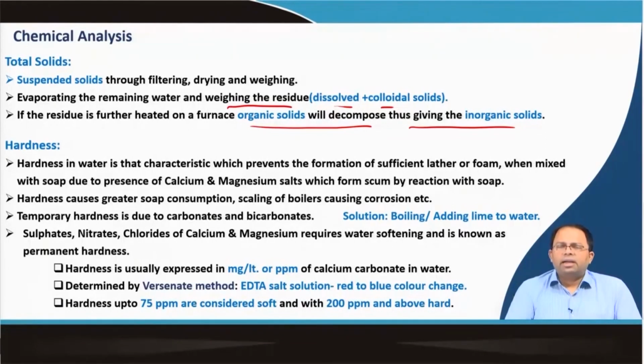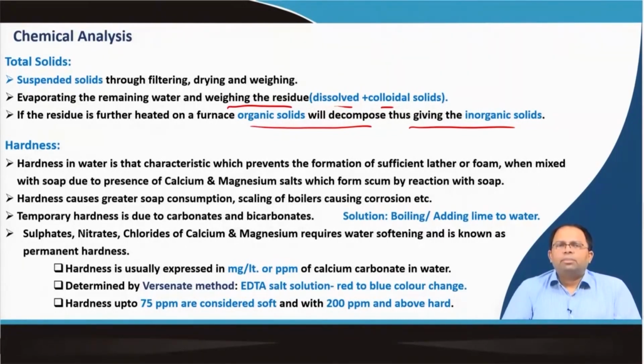And usually hardness is measured in milligram per liter or ppm of calcium carbonate in water, and we determine this by the Versenate method, where EDTA salt solution is used, and when hardness is there, this solution converts from red to blue color, and then we can detect the hardness value.